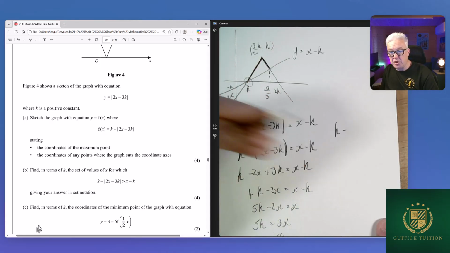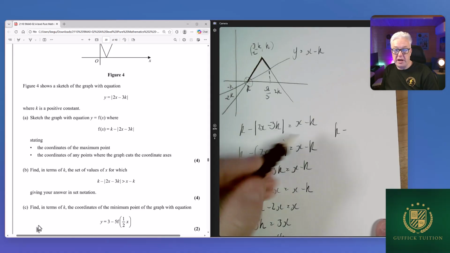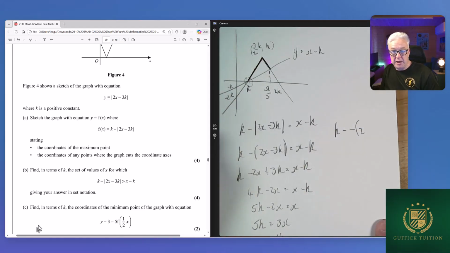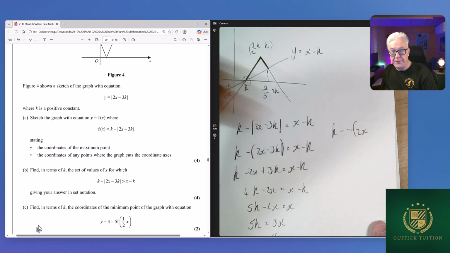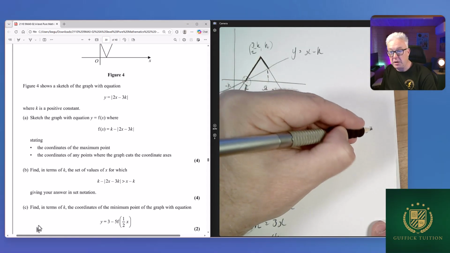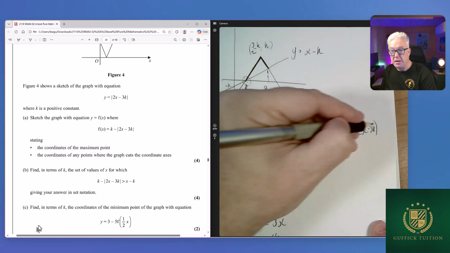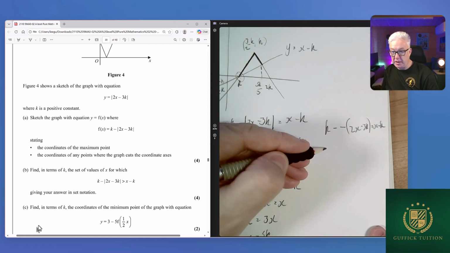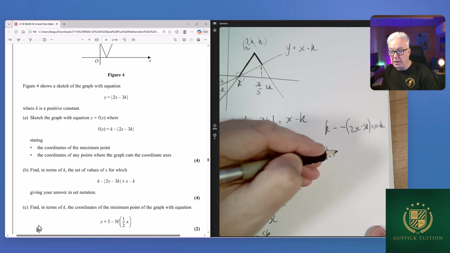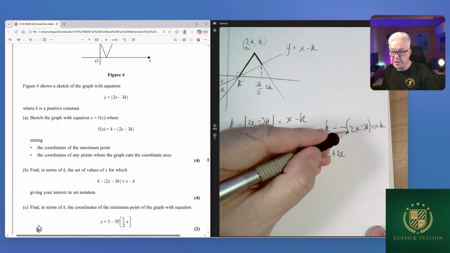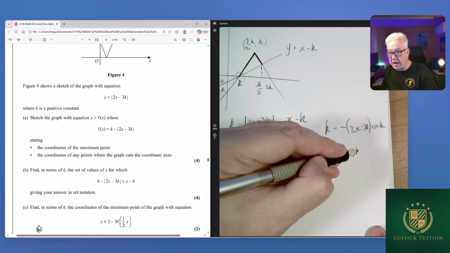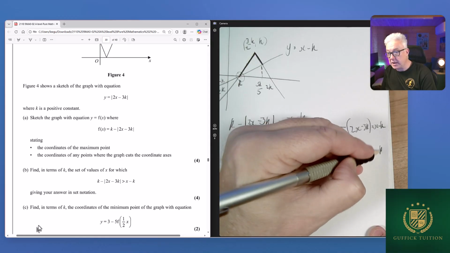So let's imagine we had a minus in front of that bracket. So it would be minus, minus bracket, 2x minus 3k, equal to x minus k. So that's going to become a plus, so that's going to become k plus 2x, and that's positive, so that's going to go to minus 3k equals x minus k.